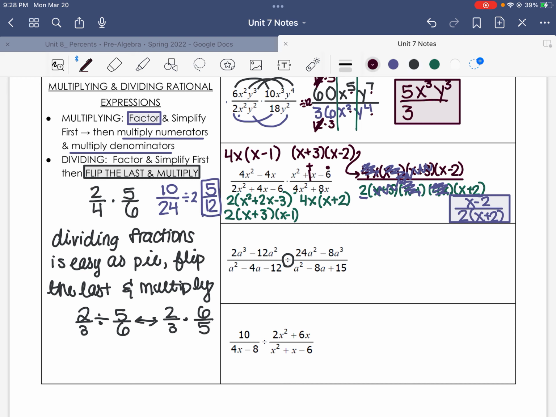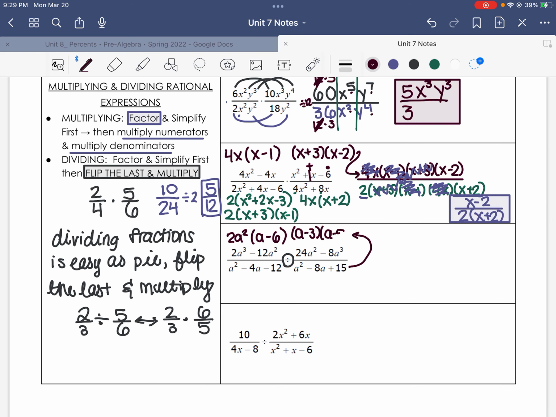So we are going to factor the top part. I can take out 2 and an a squared, which leaves me with a minus 6. Then I'm not actually going to factor the top right and put it on the top right. This one is going to get flipped to the top. So what 2 numbers multiply to 15 and add to negative 8? Negative 3, negative 5.